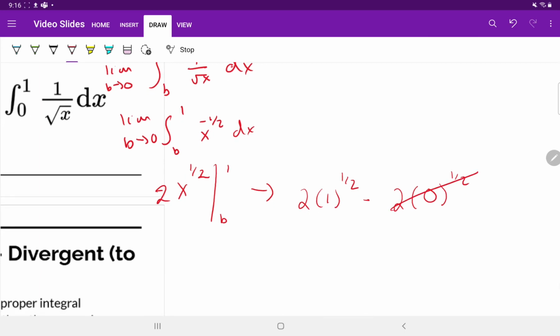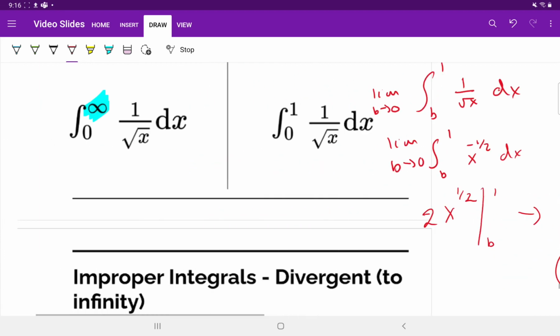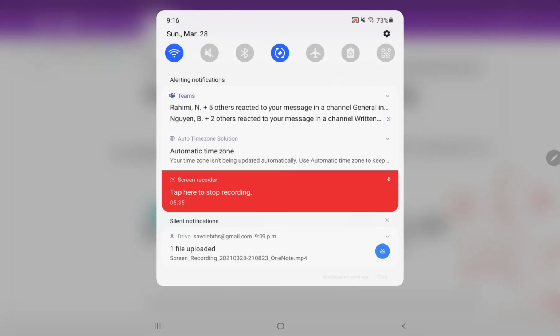So this is just 0, which means this value here is 2. So for this graph, for the function 1 over square root of x, as it approaches 0 from 1, we have an area of 2. Anyways, that's it for this video, and if you have any questions, come find me in class.